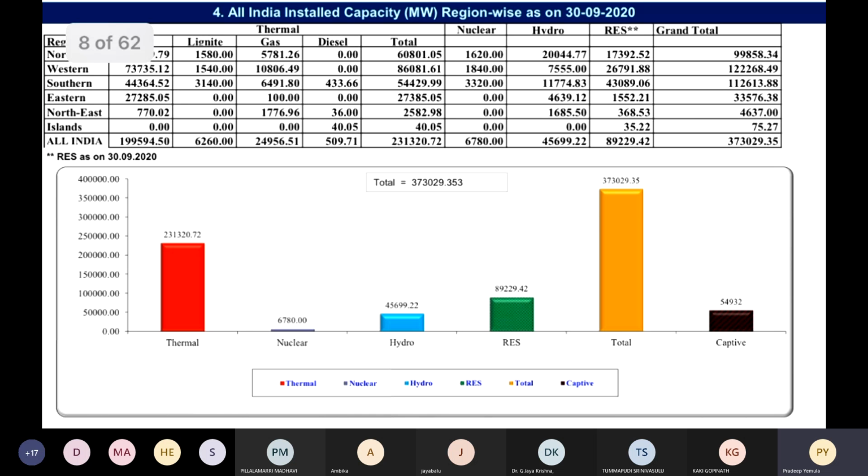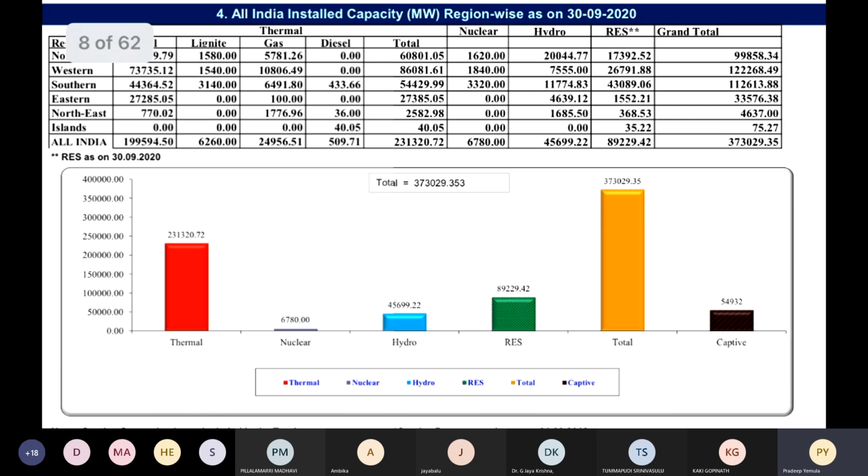Instead of worrying about regional things, let's look at the all India information. The same information is also reproduced down in the bar chart. The green color bar chart is what we should worry about right now. That is the renewable energy capacity, not generation.